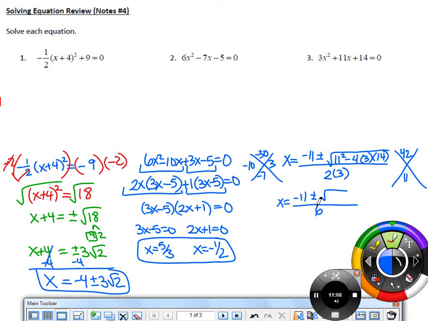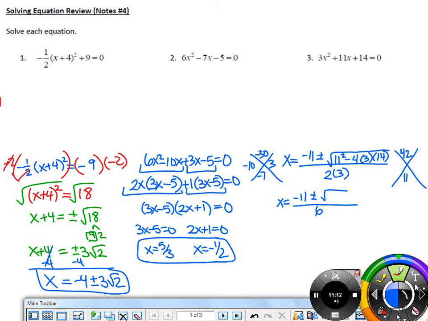All right, so my number in the radical. Cheat a little bit. So I already know 3 times 14 is 42. So then I just need to know what 42 times 4 is. Okay, so it's 168. So I basically, in my radical, I have 121 minus 168.